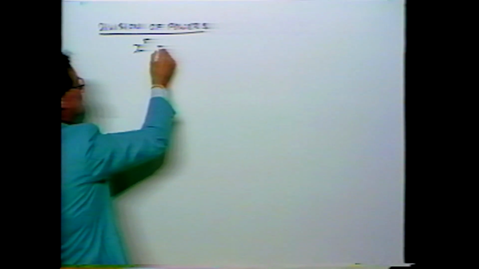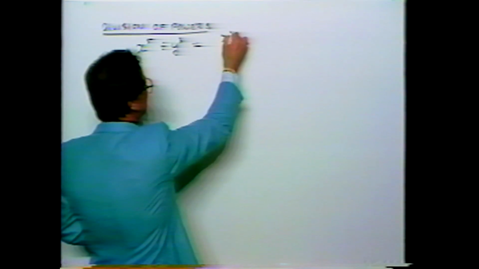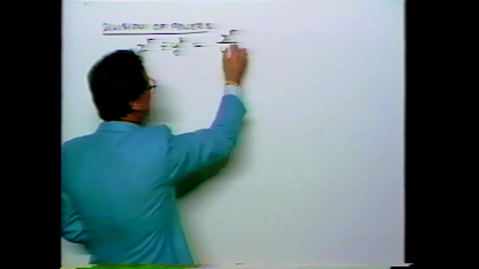If two powers, such as x to the 5th and y to the 3rd, are divided, we get x to the 5th over y to the 3rd.